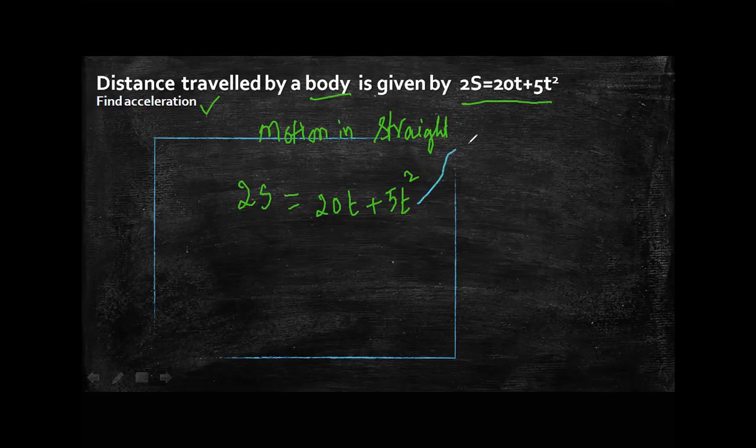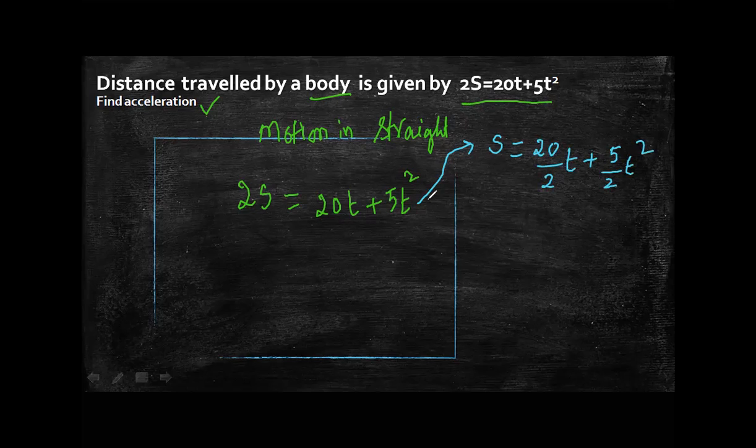So from here, I would write the equation for s. This is given by 2s. I am going to write s is equal to 20 by 2 into t plus 5 by 2 into t square.